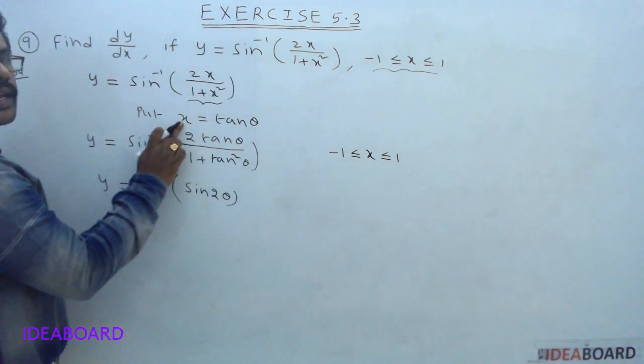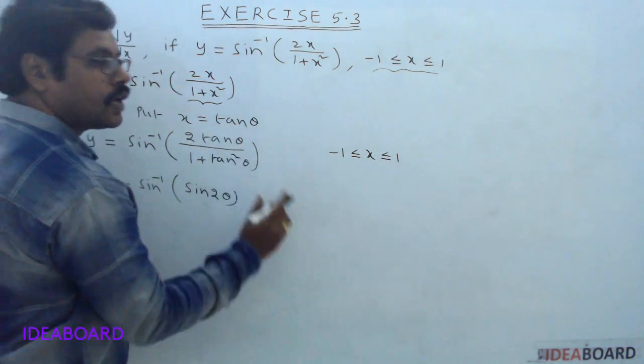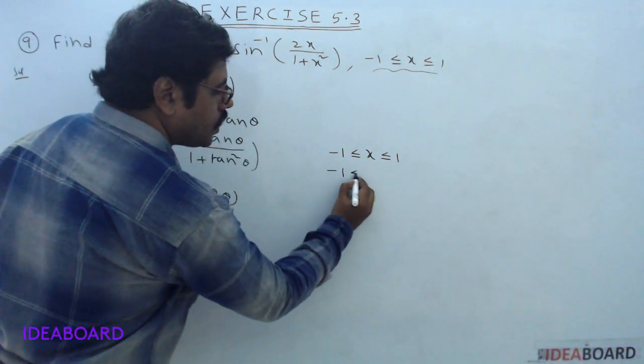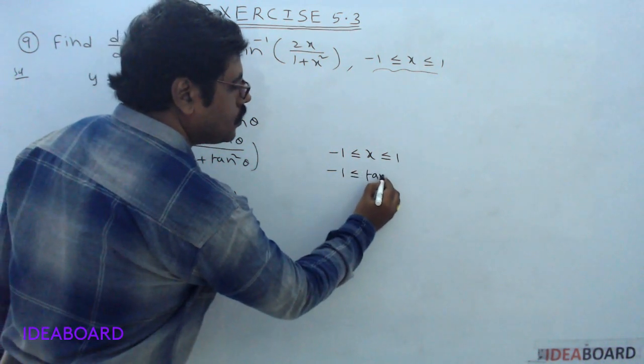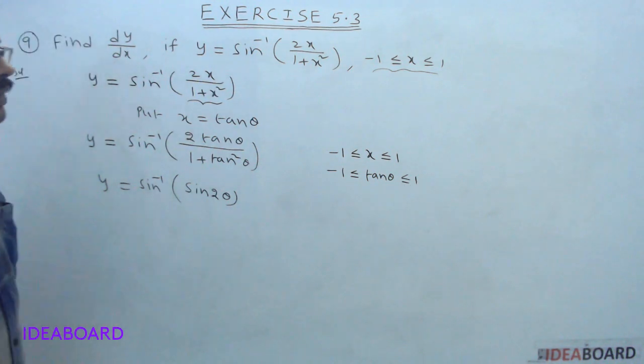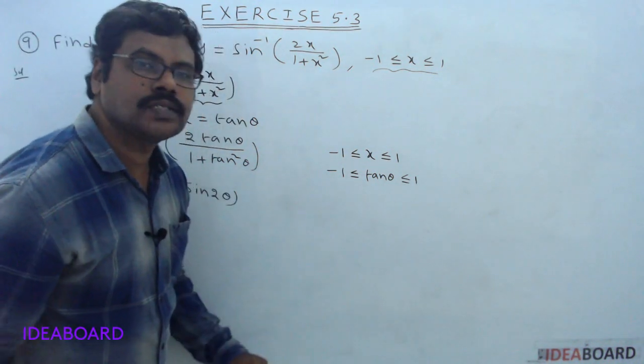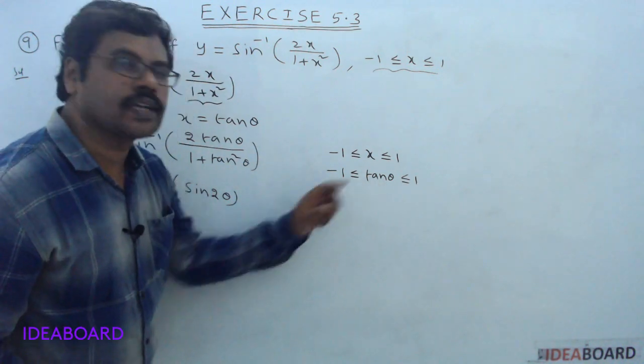Now what is your x value? Tan theta. Instead of x, substituting tan theta, minus 1 less than or equal to tan theta less than or equal to 1. Now write down these 1 and minus 1 values in terms of the tan function.